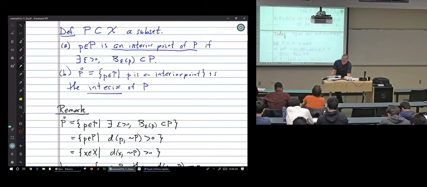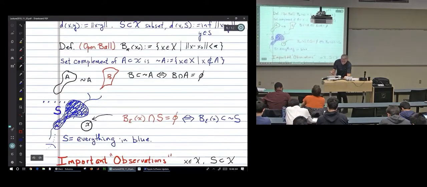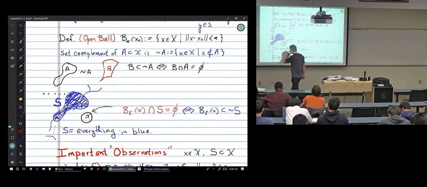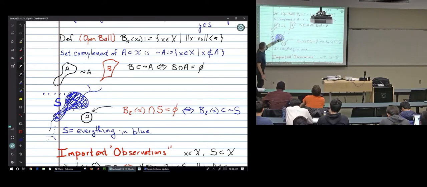if geometrically you're good with this. Let's go back to our picture, okay? This is an interior point. Here's the complement of P. Its distance to the complement is positive because I can put a ball here of radius epsilon. Is this in the interior of P?